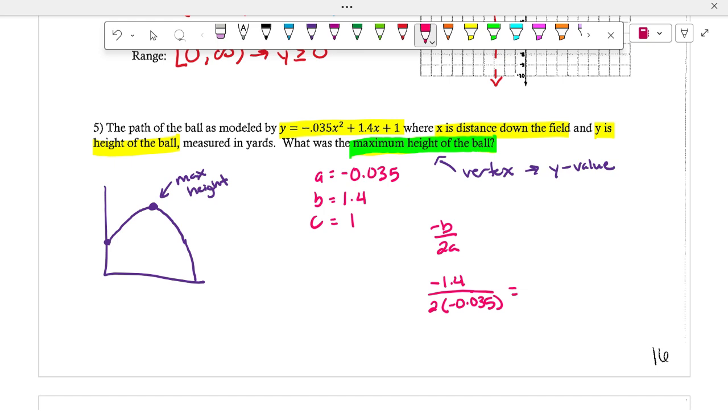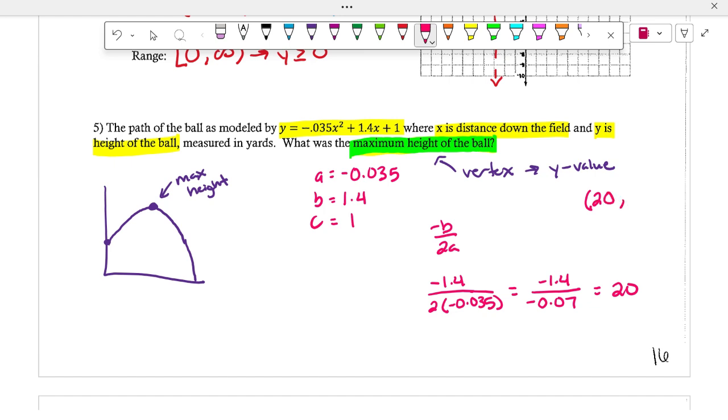So someone in their calculator, what's 2 times 0.035, Odin? 0.07. So 0.07, it's still going to be negative. All right, if you divide those two numbers, what'd you get? It's what? 20? Okay. So 20 is the x value.